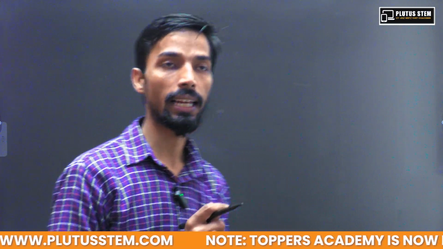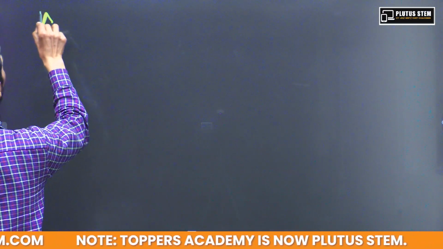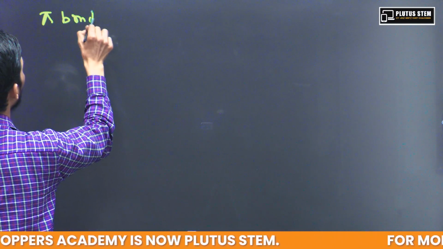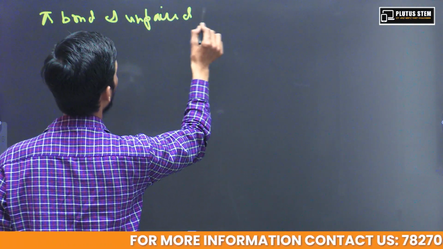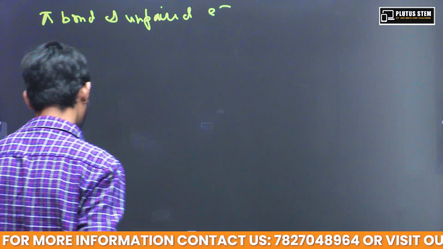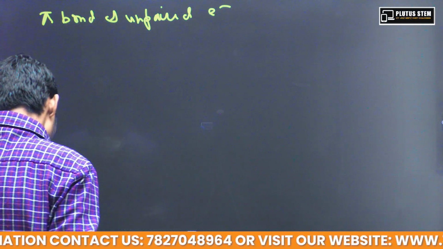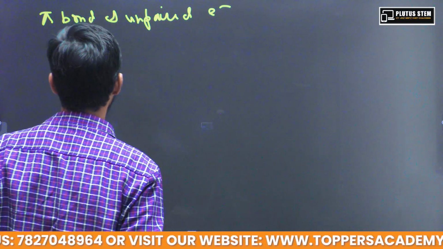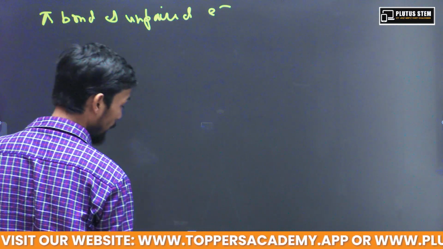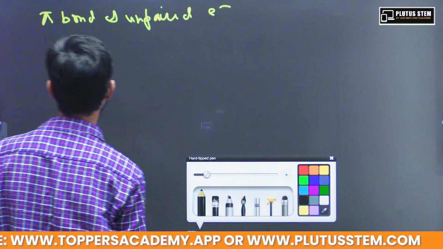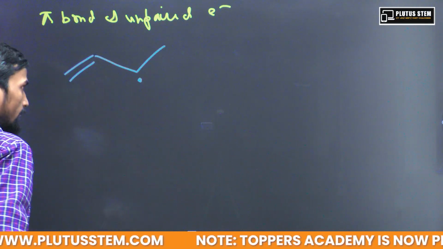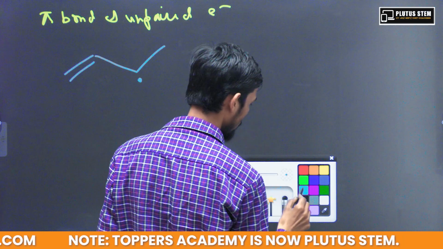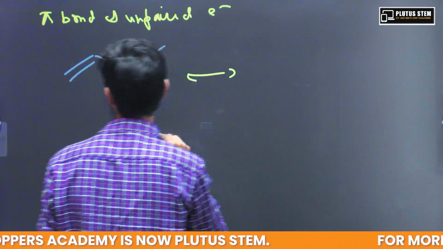So another is pi bond and unpaired electron. So this is a pi bond, and if we are having an unpaired electron like this, so what will happen? I have shown you this example earlier also.